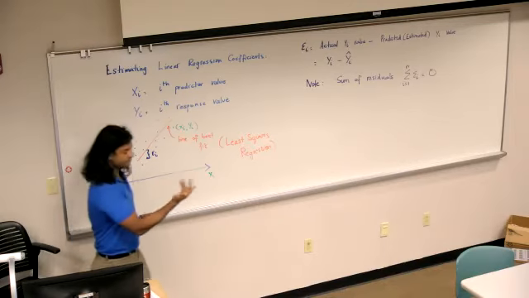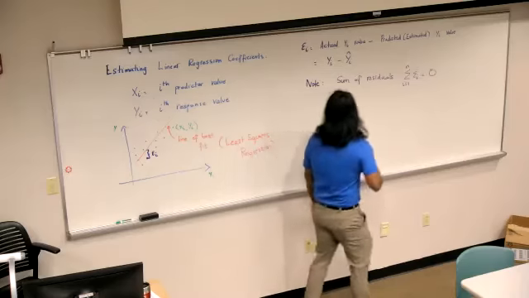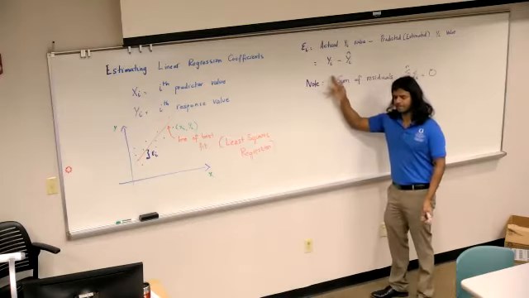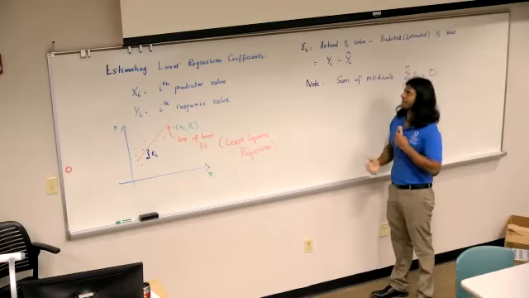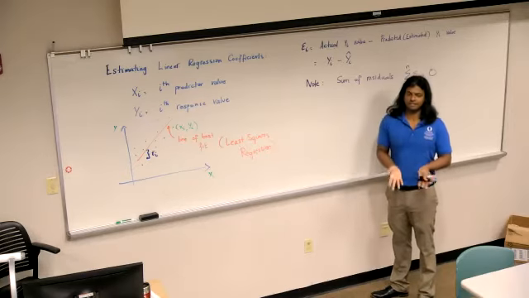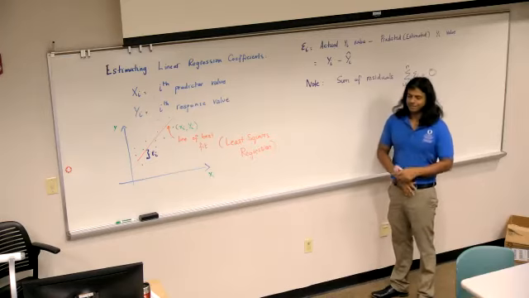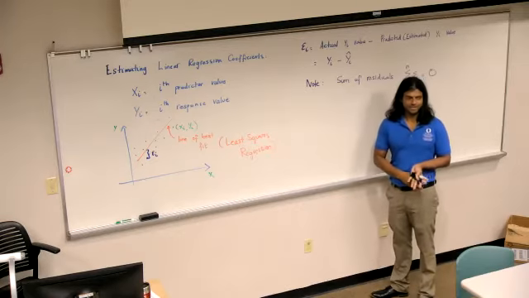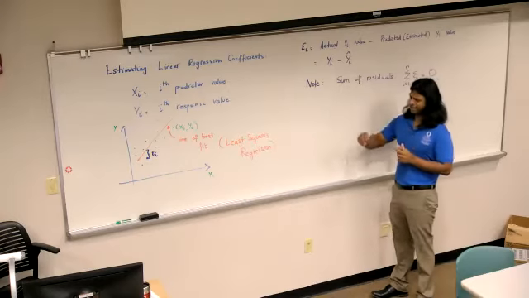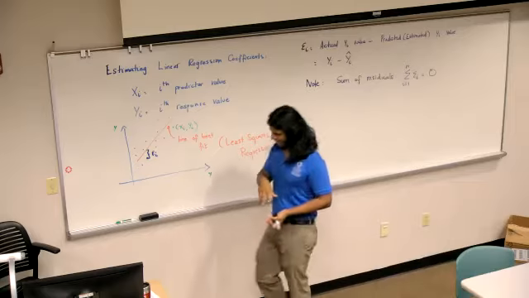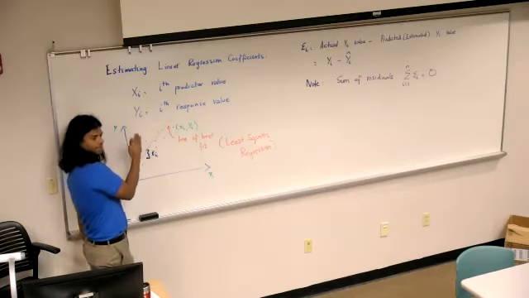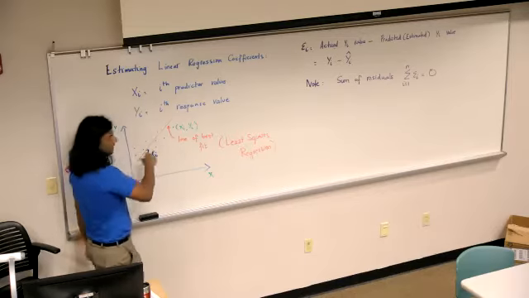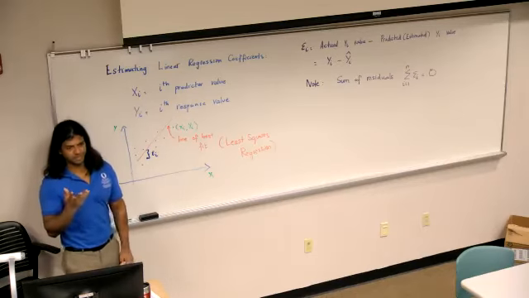And we know from basic statistics that if you take an observation, subtract its average, you get the deviation, sum them all together, you get 0.